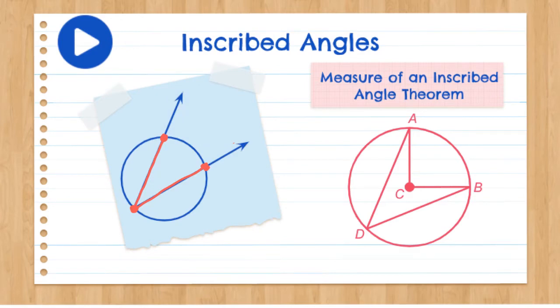So this inscribed angle goes all the way through the circle, which contrasts to the central angle that we talked about in the last note. So remember, the central angle has its vertex at the center of the circle. However, the inscribed angle has its vertex on the circle itself.